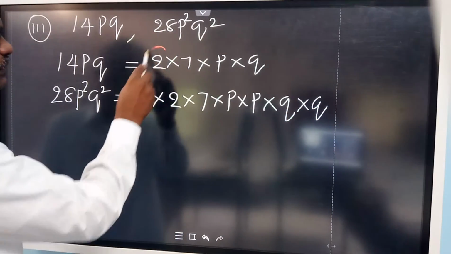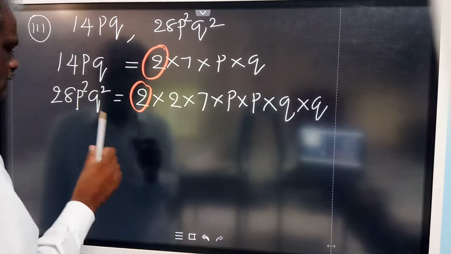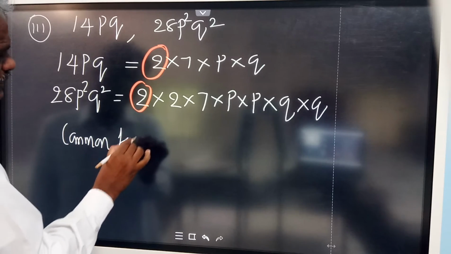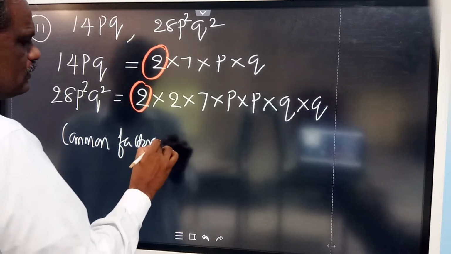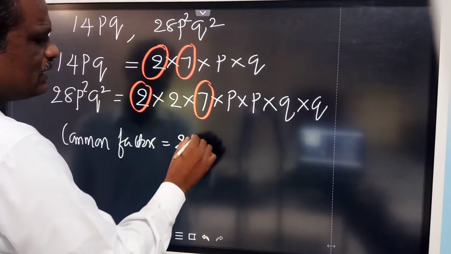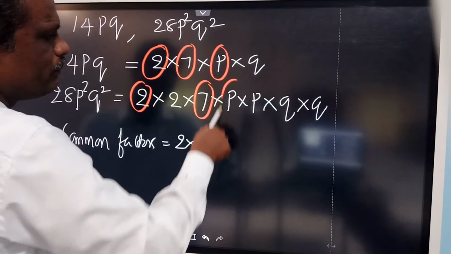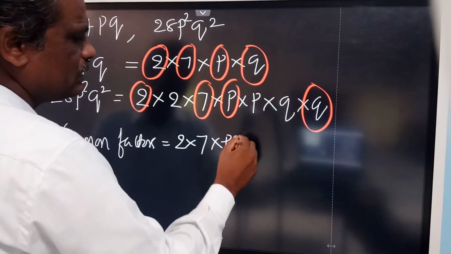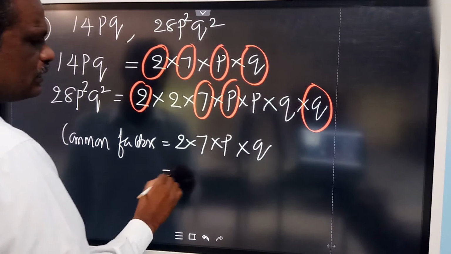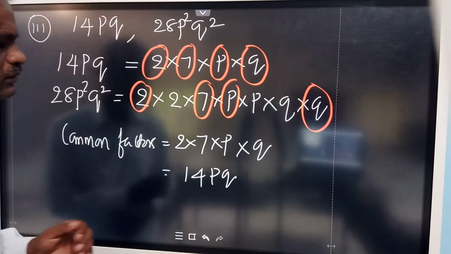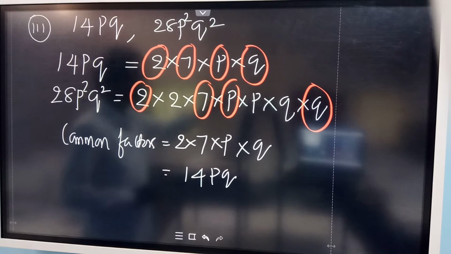So the common factors are 2, 7, p and q. You are getting 2 sevens are 14pq. 14pq is the common factor.